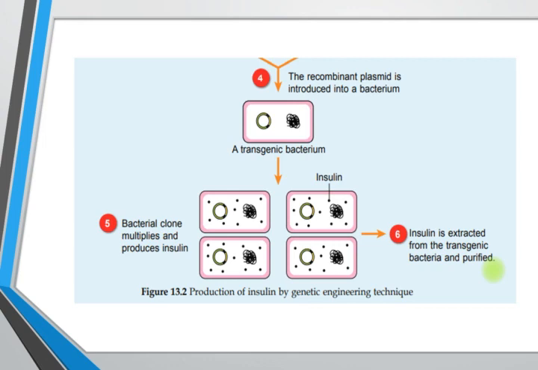They use the plasmid of the bacteria and the bacteria itself to produce the insulin hormone, which is then extracted, purified, and commercially used to treat diabetes mellitus patients.